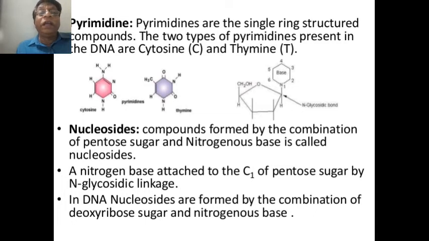The common pyrimidine is cytosine. Cytosine is common in DNA and RNA. You can see the structure also in the diagram.